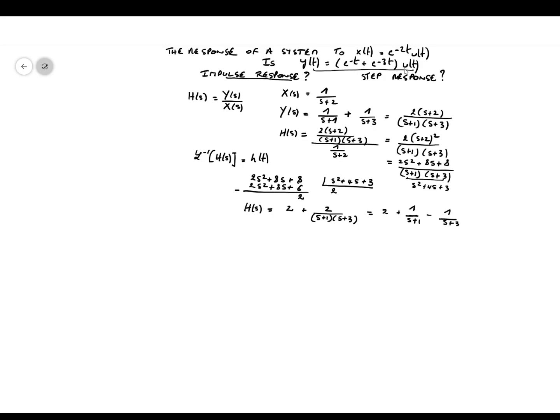So this is still h of s, and now we can do the inverse Laplace, and we have h of t is, well, the inverse Laplace transform of a constant signal means that we have a 2 times delta.